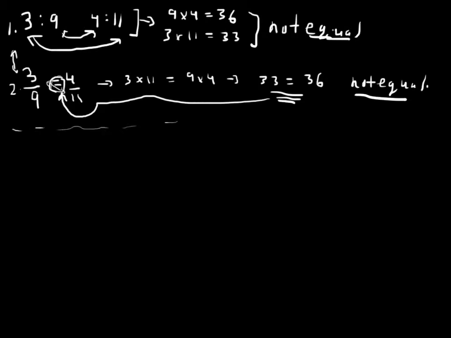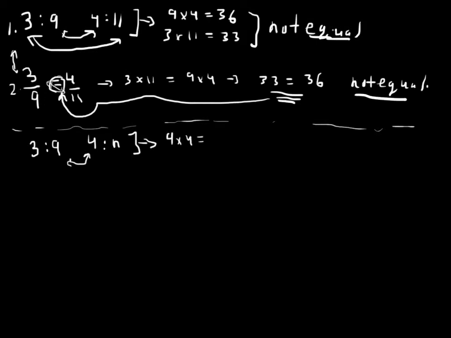So now let's say we had a question like this, solving for n. So n is an unknown. What if the question was worded as such: what does n have to be for these two ratios to be equal? We do the same thing.